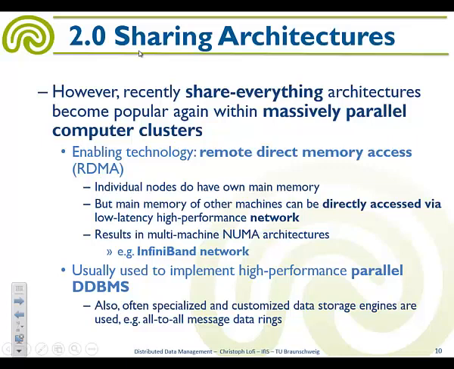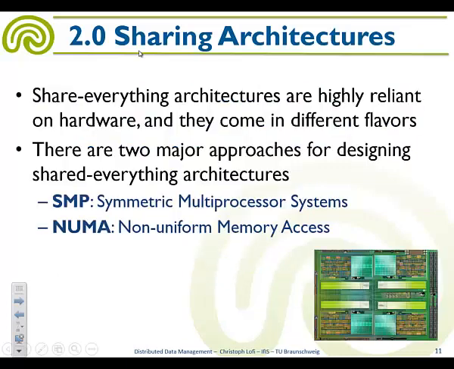Remember last week, parallel databases are those database systems which run in a fully homogeneous environment. We have one single database management system spanning multiple nodes with a central authority. Good. So shared everything architectures can come in different flavors, which can be classified by how memory is integrated into these systems.